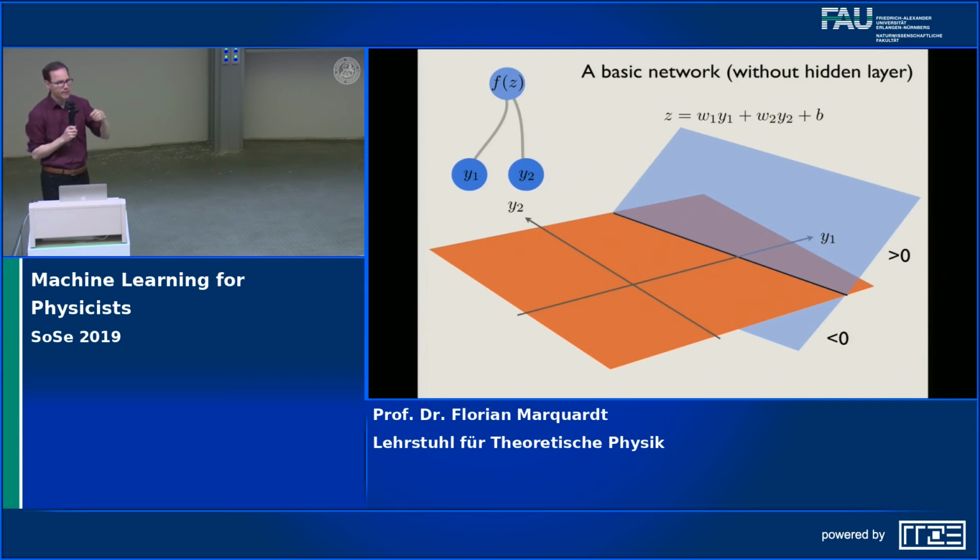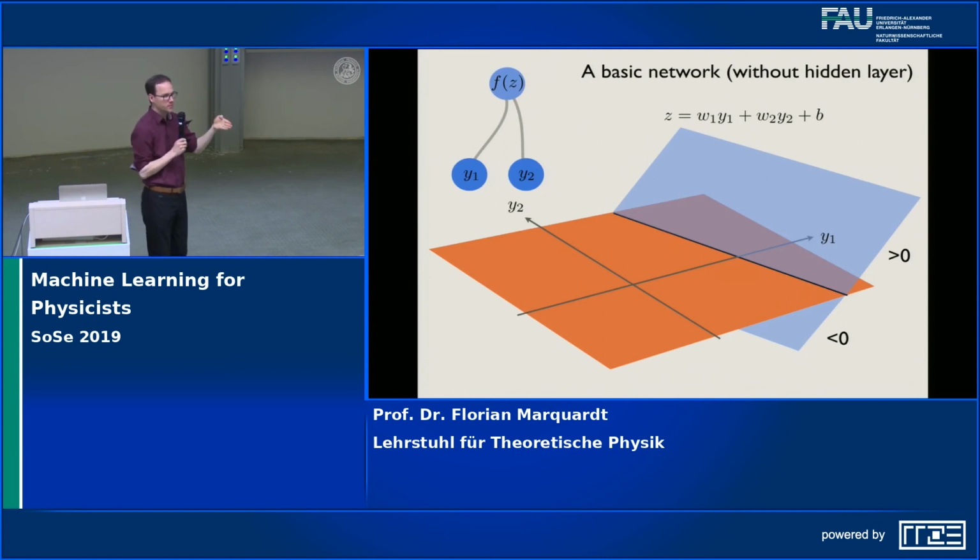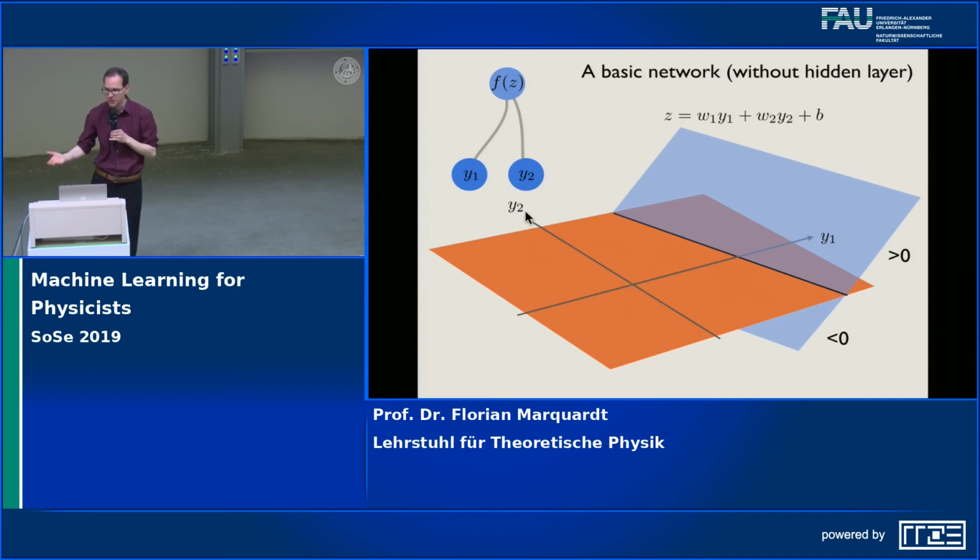And then if I only have 1 output neuron, that's just 1 scalar value. So now I can literally draw the function that the network implements. It's a function with 2 input arguments and 1 output argument, so I can make a 3-dimensional drawing. The vertical axis would be the output of the neural network, and the 2 axes, y1 and y2, are the 2 inputs of the neural network.